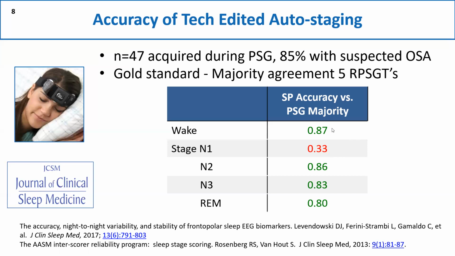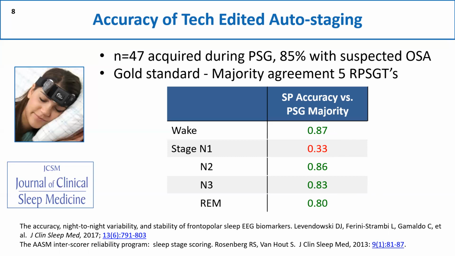to this majority. Now, it is important to note, embedded in this is the fact that the differences that technicians have kind of masks those results. By way of example, N3 sleep is one of the more difficult stages to get consistent, reliable staging across technicians.